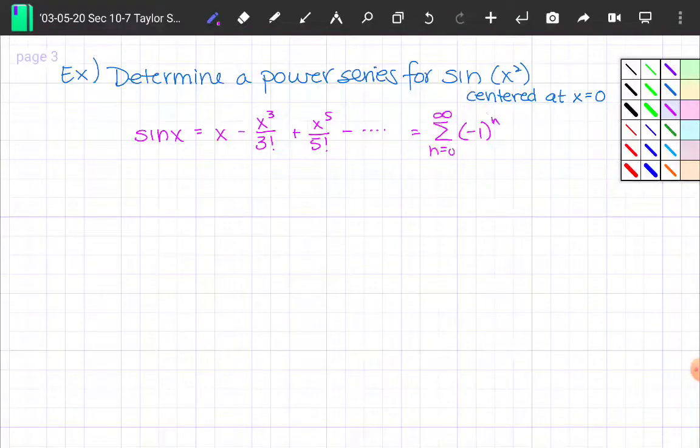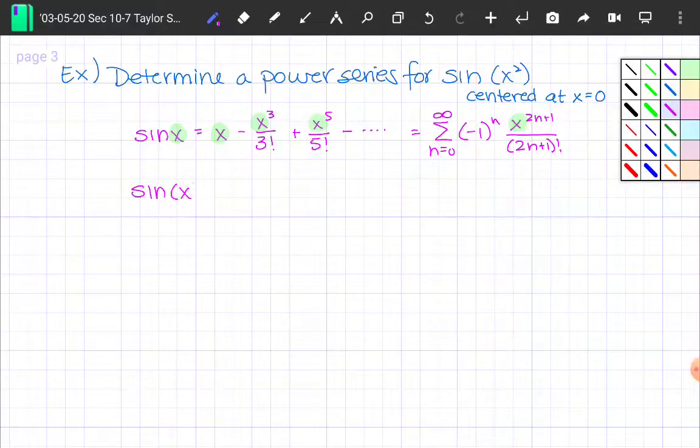But start with the sine x expansion. And then we're just going to replace all of these x's with x squared.